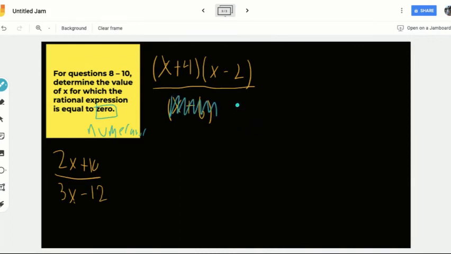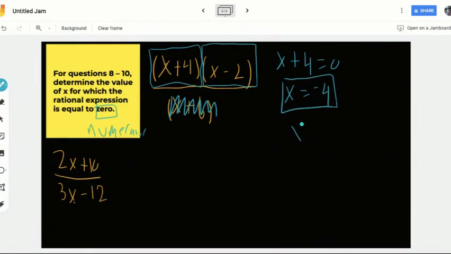All right? And now if we look, we actually have 2 pieces of the numerator. They're multiplying together. So instead of only having 1, I'm going to set equal to 0, I'm going to have 2. I'm going to have x plus 4 equals 0, which is going to give me x equals -4.